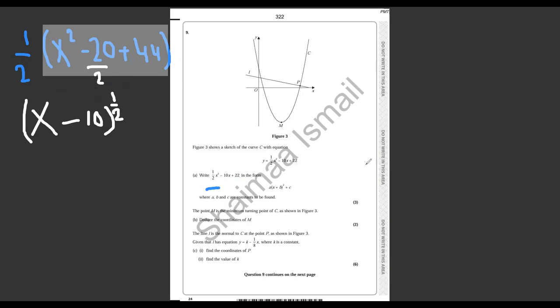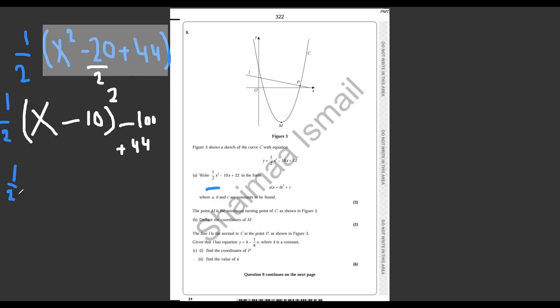And here minus 100, which is b over 2 squared, plus 44. Don't forget we already have a half here that we split away, so write half again.